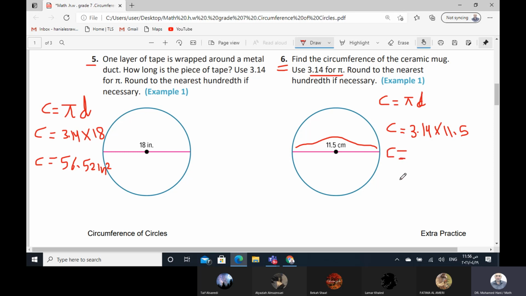Can you help me to find the product, please? Mister, the answer will be C equal 36.11 centimeters square. 36.11 centimeters squared. Excellent, Lamar. Great work.